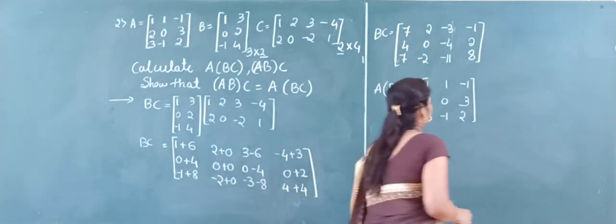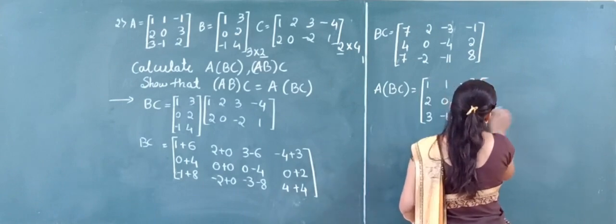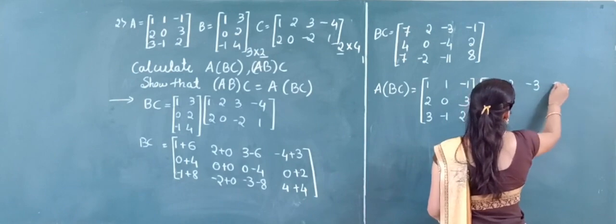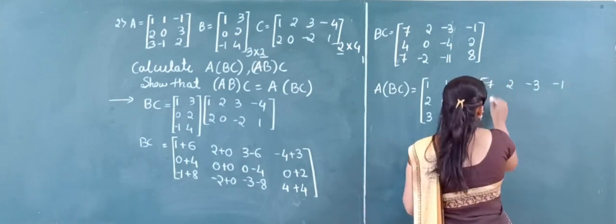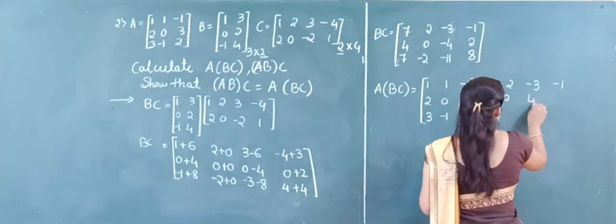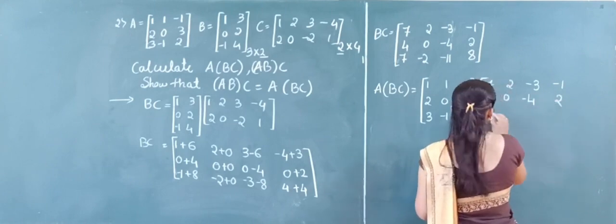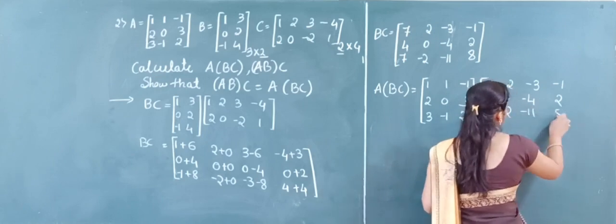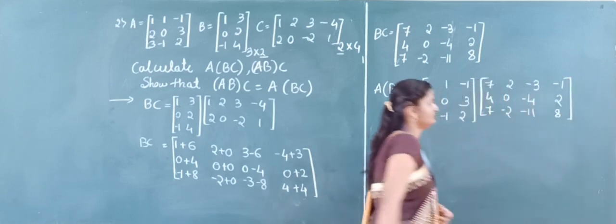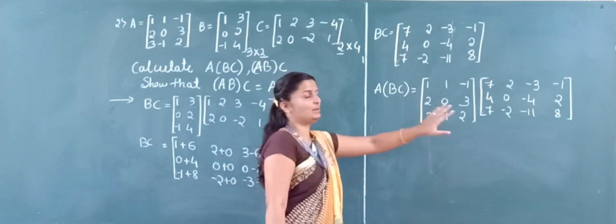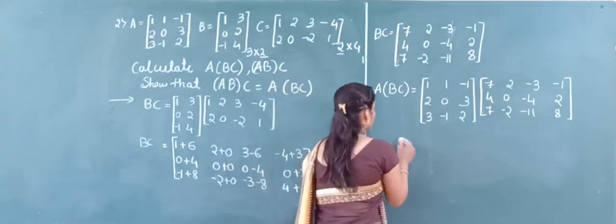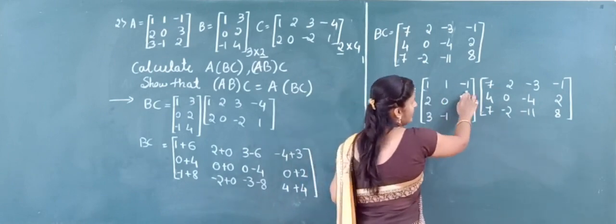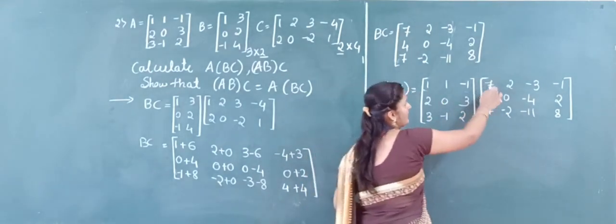And our BC is a 3 by 4 matrix: 7, 2, minus 3, minus 1; 4, 0, minus 4, 2; 7, minus 2, minus 11, 8. This is our A into BC. We have to multiply, so I will take it one by one.